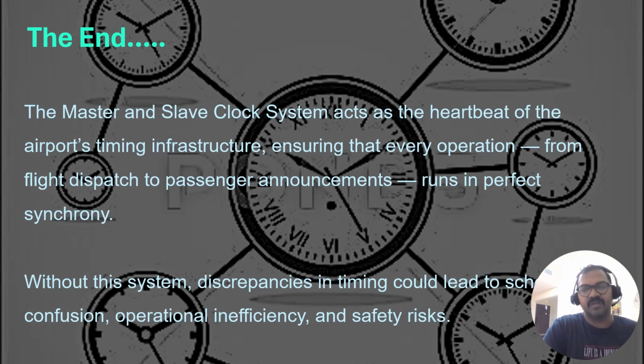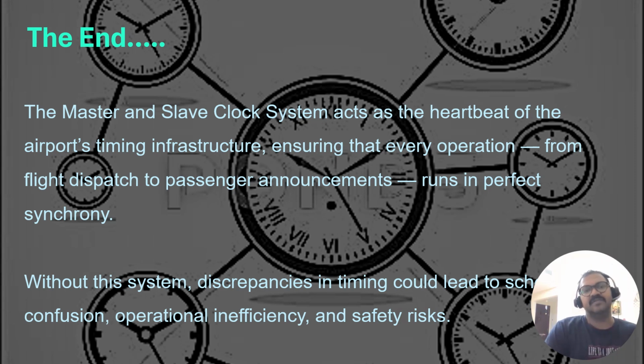The end. Okay, so finally, the master and slave clocks act like the heartbeat of the airport systems, ensuring every operation from flight dispatch to passenger announcements runs in perfect synchronization. Without this system, discrepancies in timing could lead to confusion, operational failure, inefficiency, and safety risks.